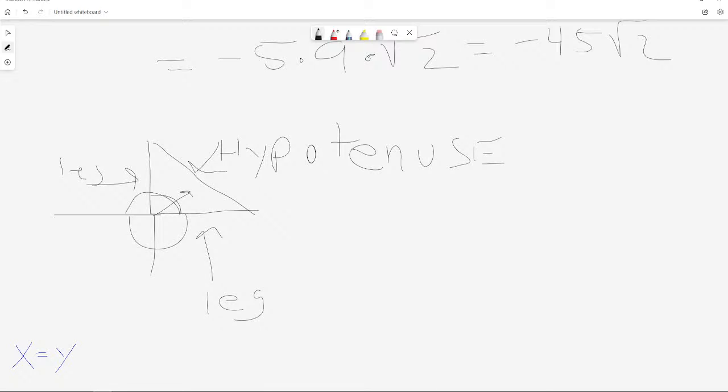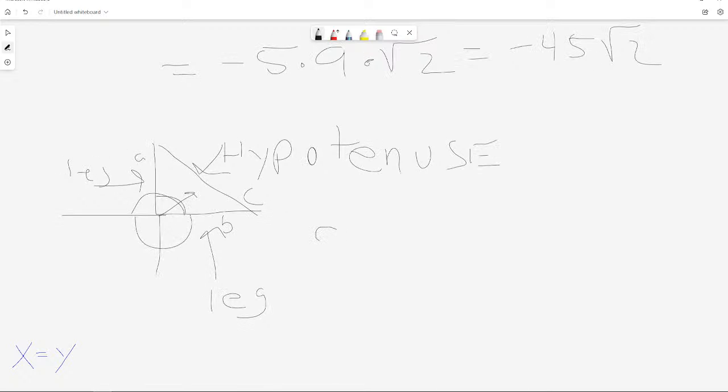So the Pythagorean theorem states that given any right triangle with legs measuring a and b units, the square of the measure of the hypotenuse c, so this is a, this is b, this is c, is equal to the sum of the squares of the measures of the legs.